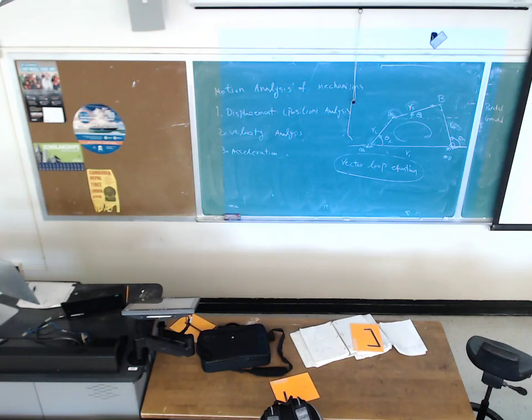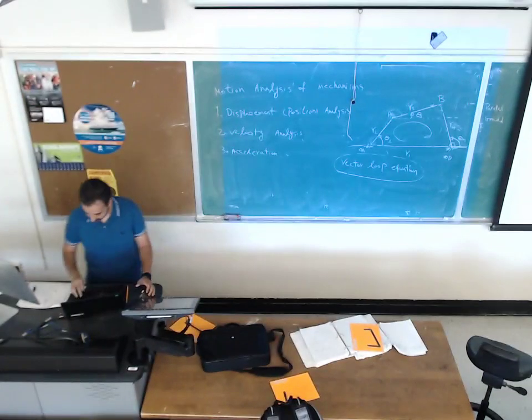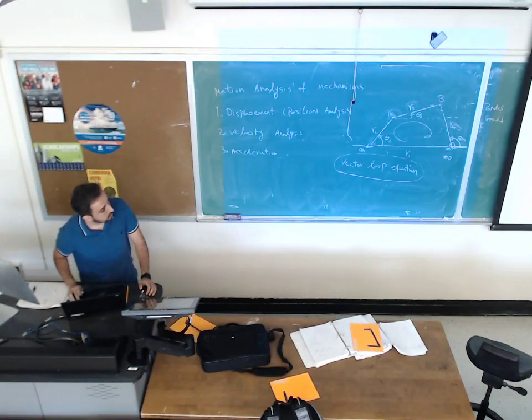If you want to repeat this problem for a different theta, for example theta equals 90, for the graphical approach you should do all the steps again. You cannot use the data from the first problem. But for analytical, once you write the code, you just change the input angle to 90, and it's going to solve the problem for you.